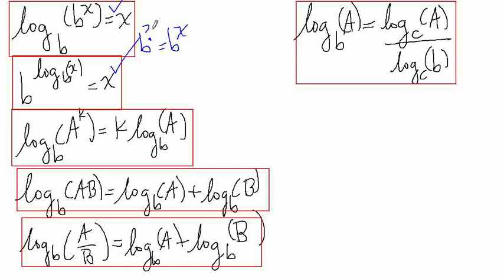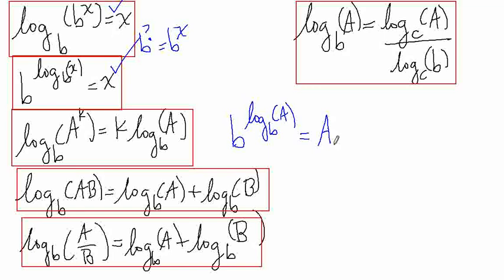allow me to do the following. Let me use the second formula to make sense of the third one. Okay? We know that the second formula says that b to the log base b of a is equal to a, right? From the second formula. Okay?